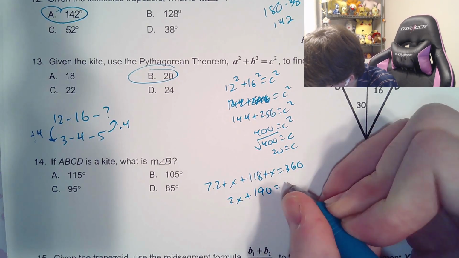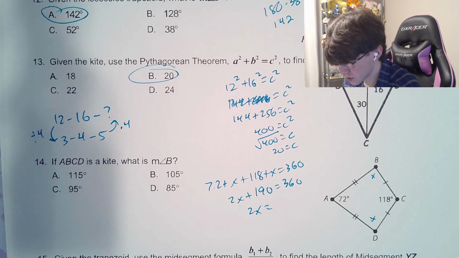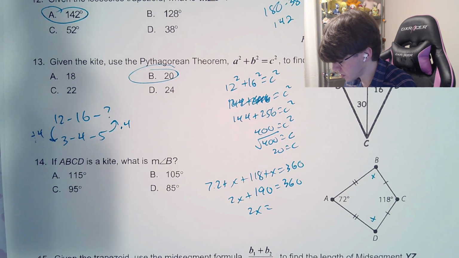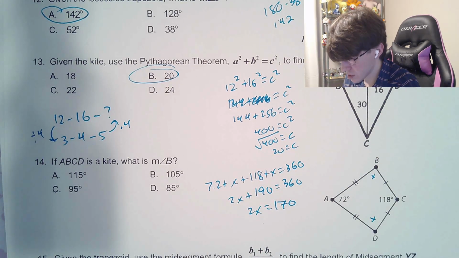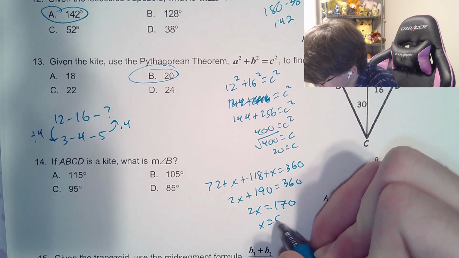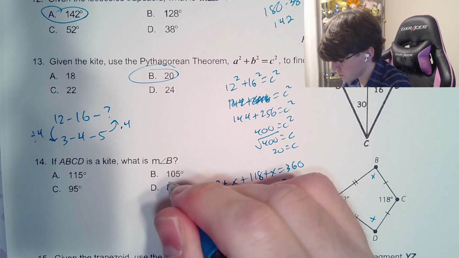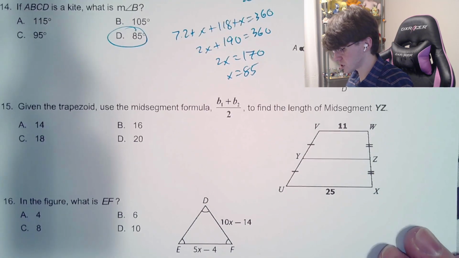Plus 190 equals 360. And we got 2x is equal to 360 minus the 190. And we got 170. Do 170 divided by 2, and we're going to get a beautiful 85 degrees for our x. We're finishing up, 3 more questions to go.